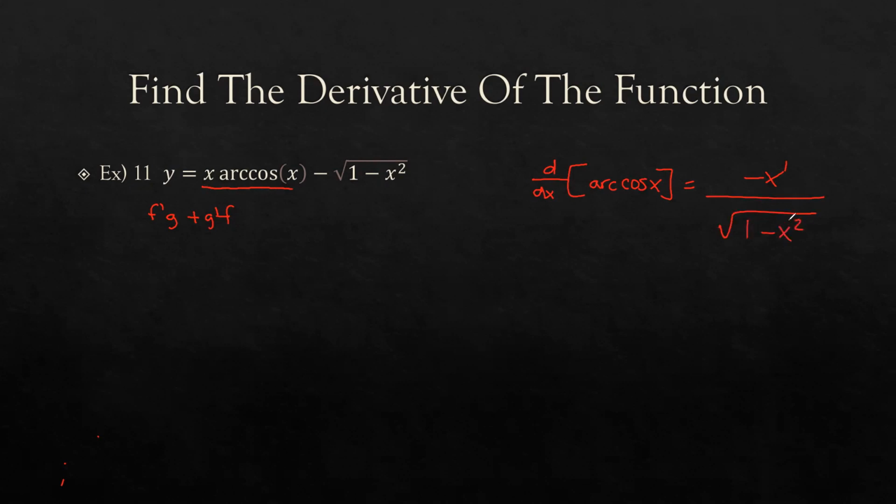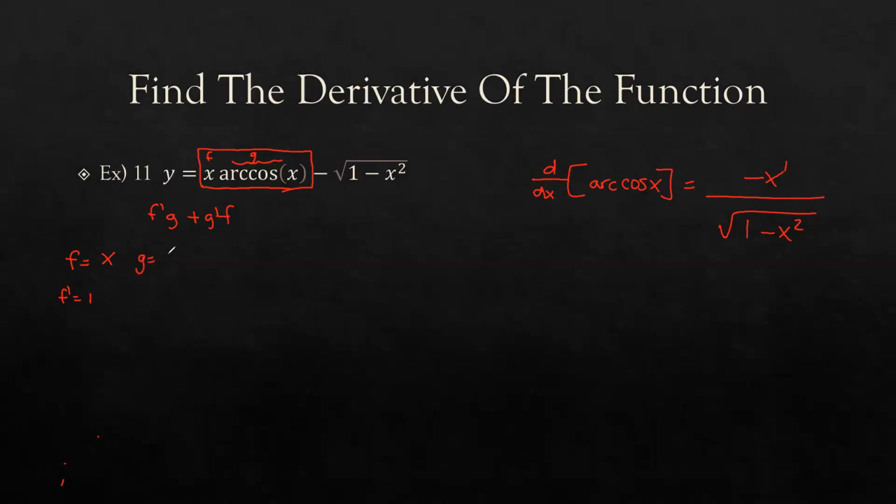Okay, so I'm taking the derivative of this first. What's my f? My f is x, and my g is arc cosine of x. My f prime is 1.